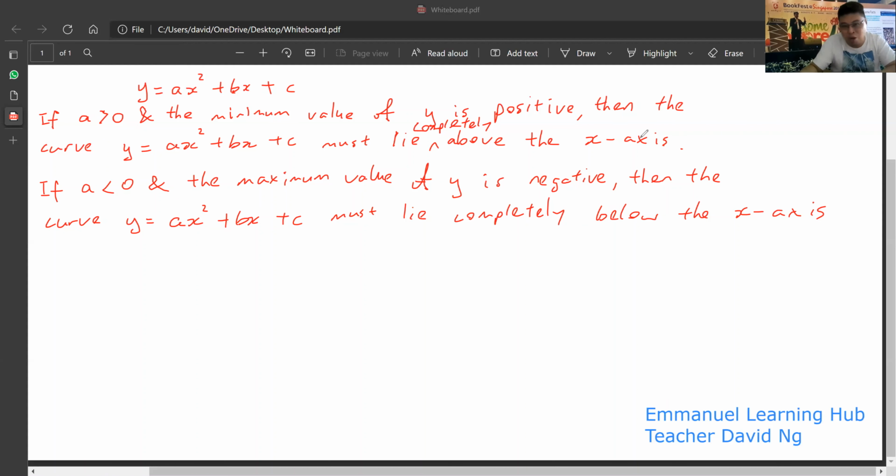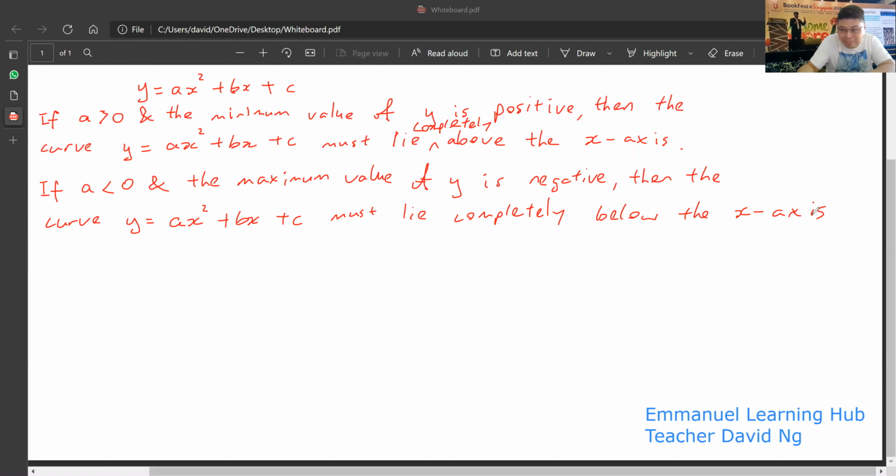The question is how come? How come when a is like this, and the minimum value of y is positive, the curve must lie completely above the x-axis? The question is how come? Why is it like that?